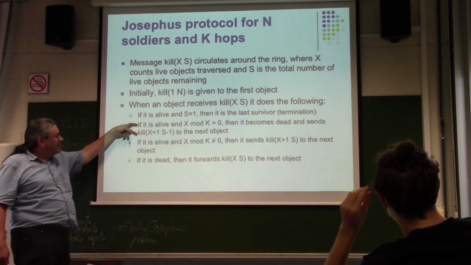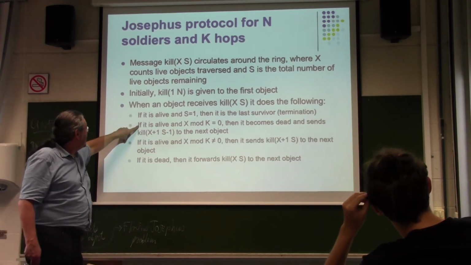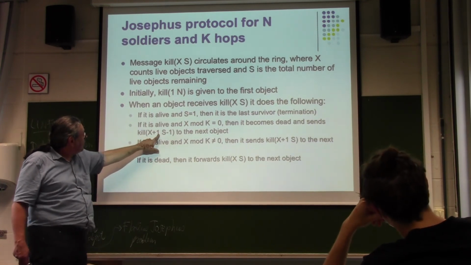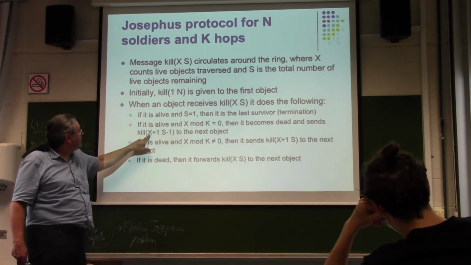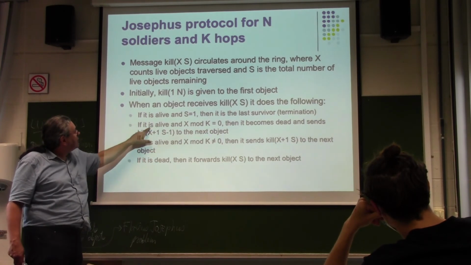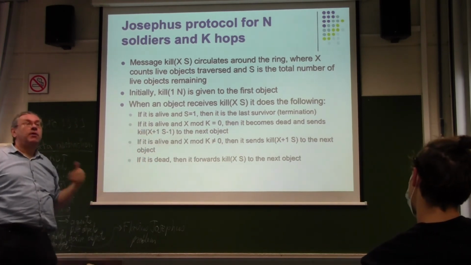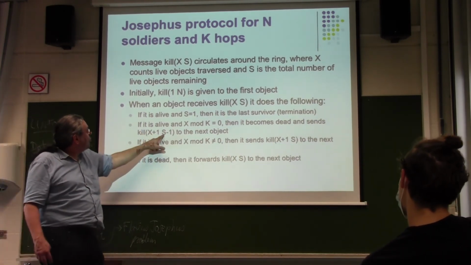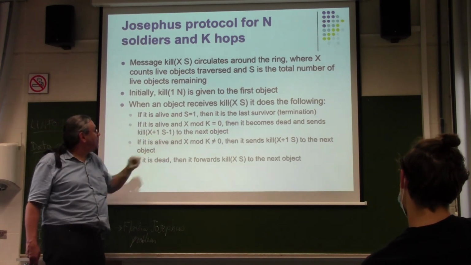It becomes dead, and it sends kill(x+1, s-1) to the next object. So it has traversed one live object, because you have to keep counting them, but there's one less live object after, so s-1.